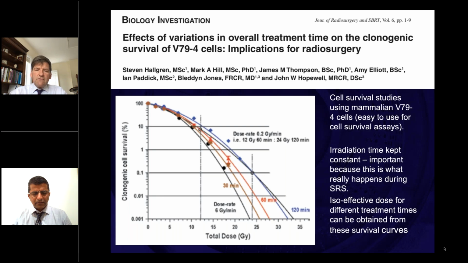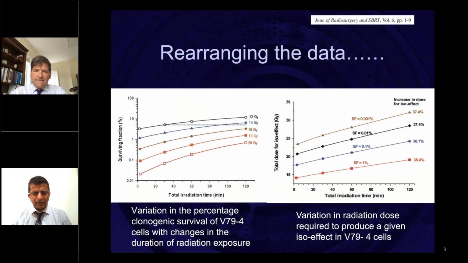Now we can rearrange the data to look at what we call iso-effect curves. So if you look at the right-hand curve here, and we look at, let's say, a surviving fraction of 0.001%, that's the brown curve.